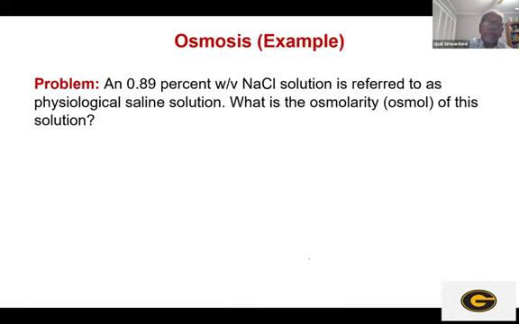Some of these ideas are used in the healthcare industry.